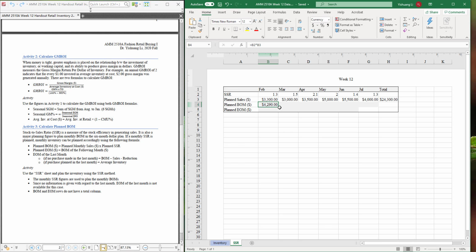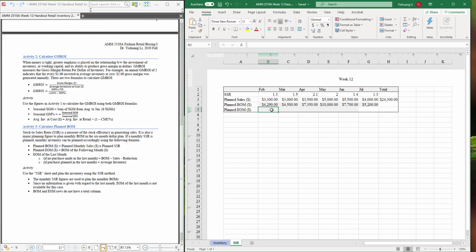And we can apply this formula to the rest of the rows. Make sure we are getting the correct answer by checking the last cell of the row. It seems fine. And we know that the end of the month inventory should equal the beginning of the month's inventory of the following month.